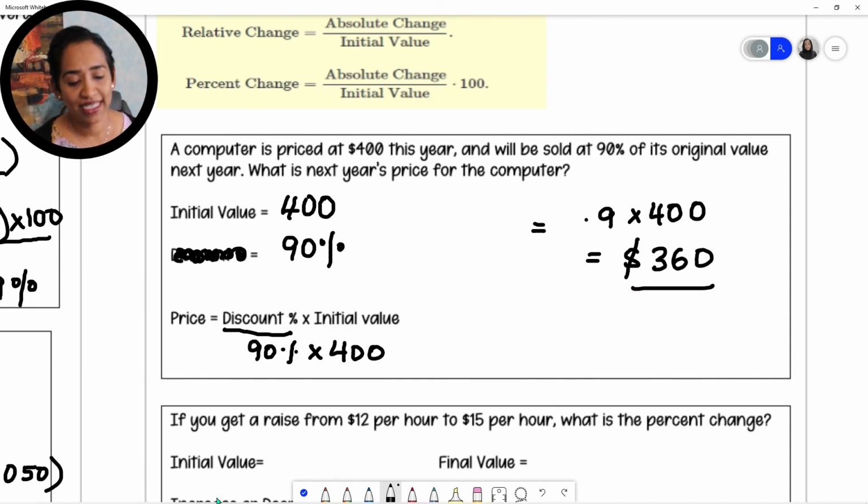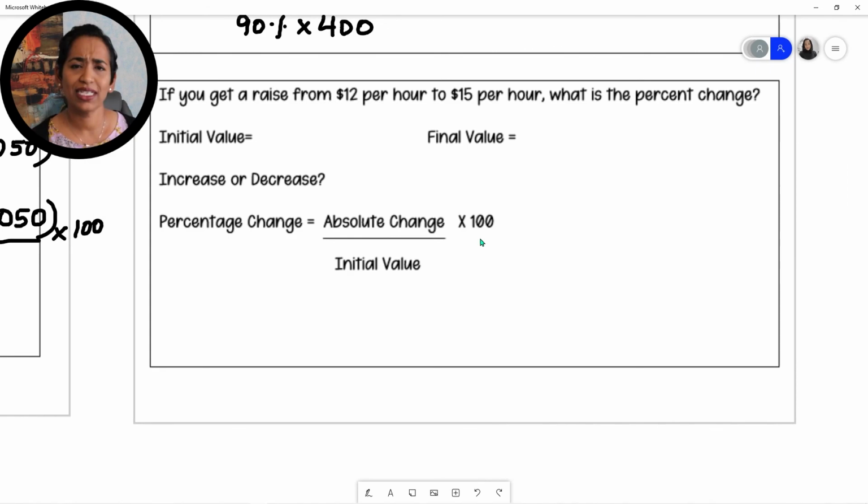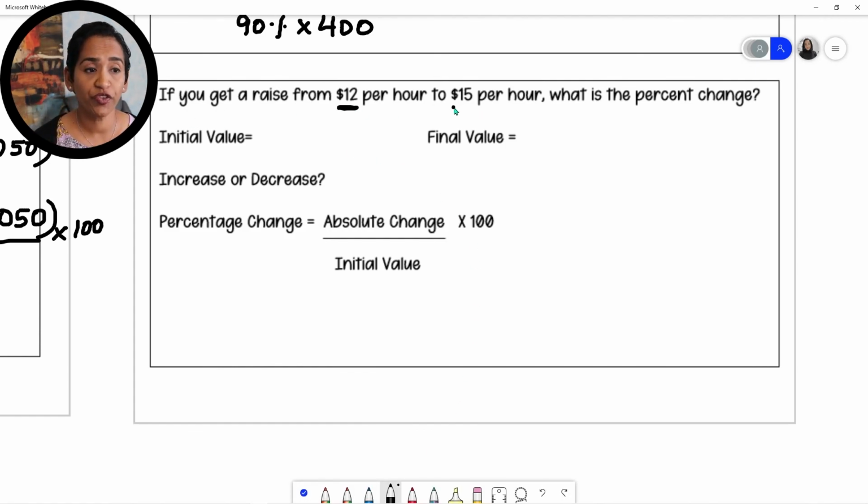All right, next problem. And again, when you are doing these problems, please make sure you write down these steps, so it makes it so much easier for you to solve. If you get a raise from $12 per hour to $15 per hour, what is the percentage change?